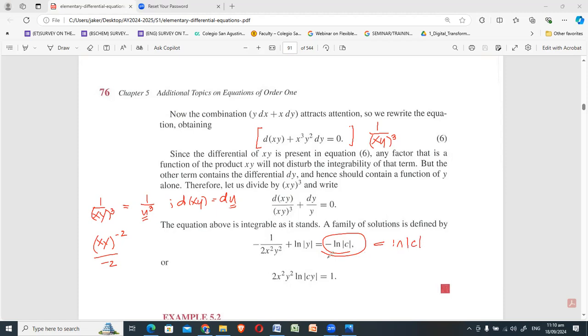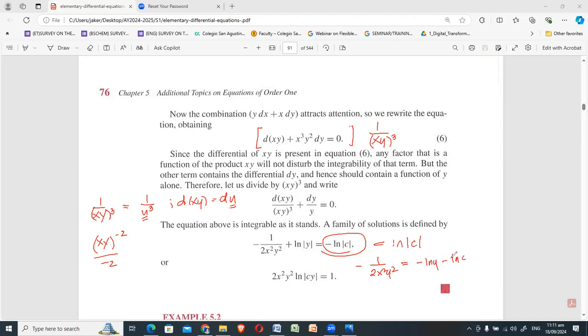The author just simply chose this. Moving them to the other side, this would be negative ln of y, and this is negative ln c, and this is negative. So all the negatives will be gone. And this is what I mean. So you have 1 over 2x squared y squared, negative in here, you will have negative ln y minus ln c.